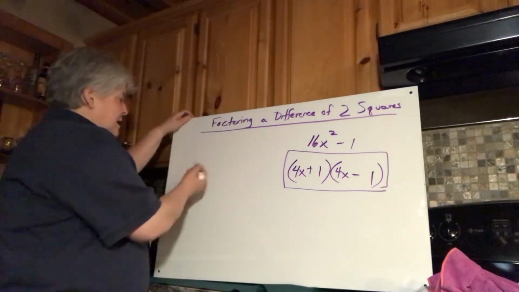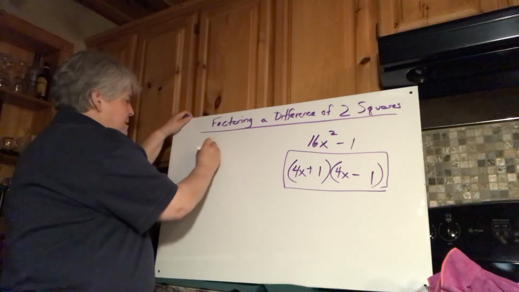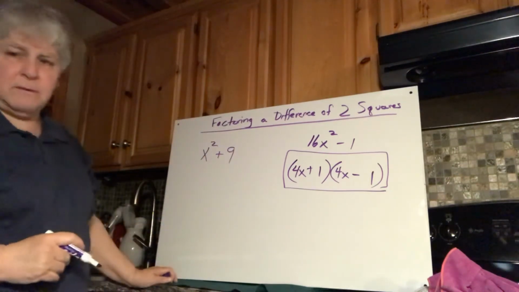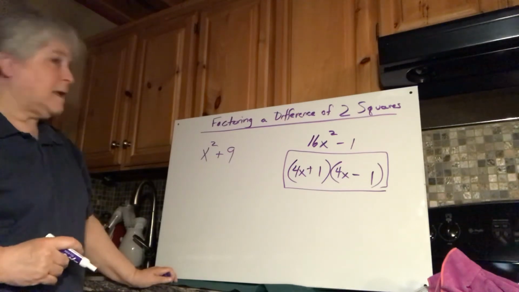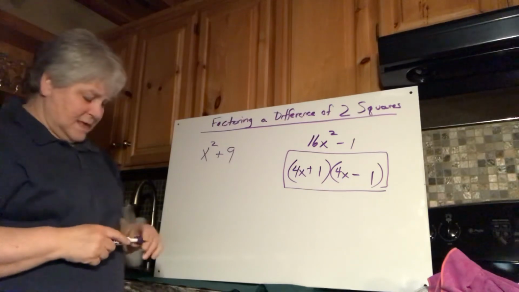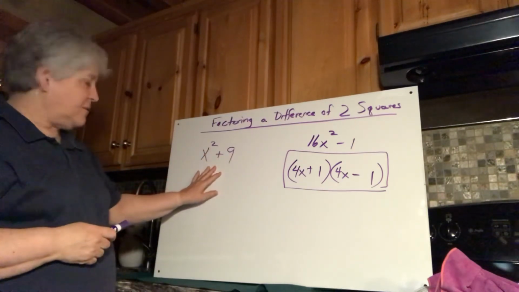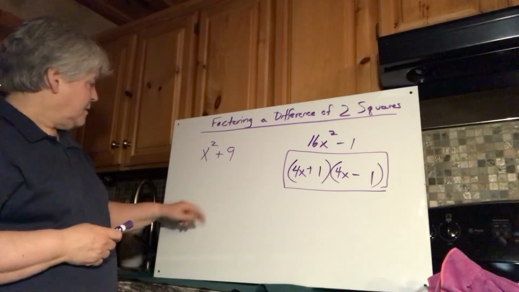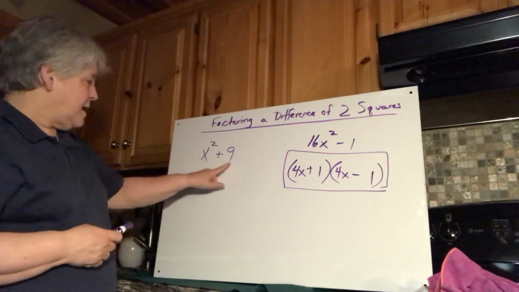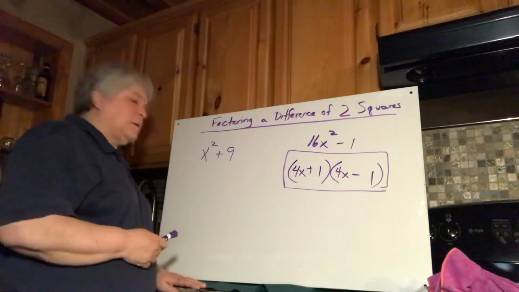Let's try another one. I'll erase that in a second, but let's try x squared plus 9. Again, if you want to get in the good habit of always seeing if other methods work, you can say, are there any greatest common factors? There are not x's in both terms, and nothing goes into a 1 and a 9 evenly other than 1 itself, and we don't factor out a 1.